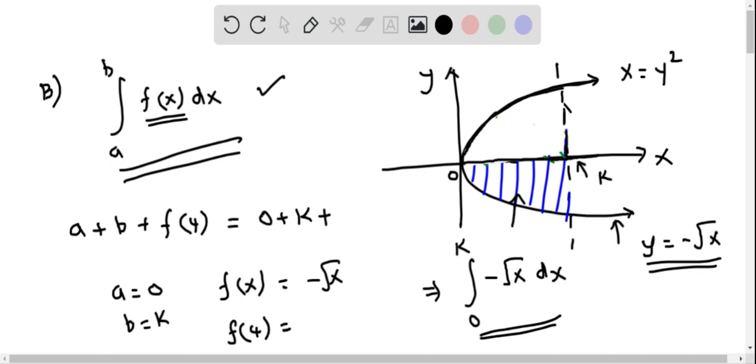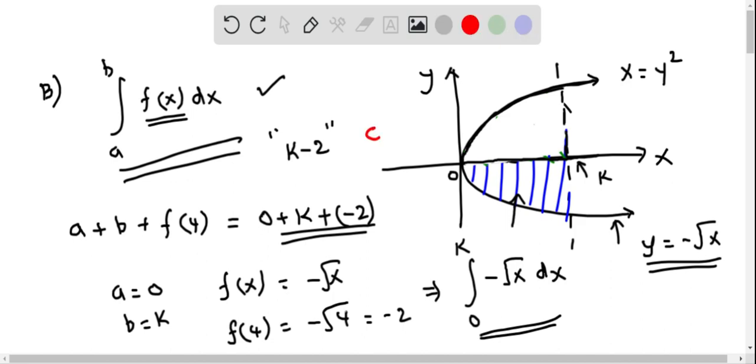Using f of x, f of 4 equals negative root 4, which equals negative 2. We put negative 2 here, and this gives k minus 2. So this is the value of a plus b plus f of 4, and this means answer choice C is correct.